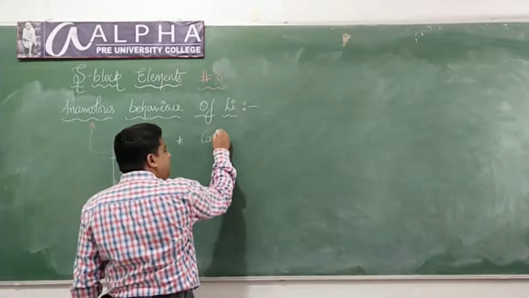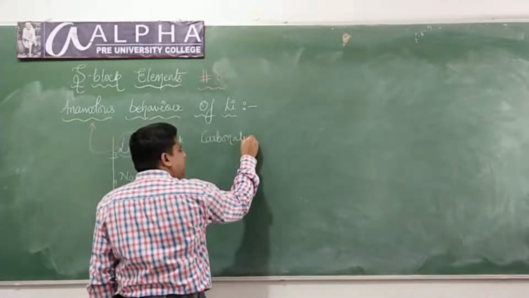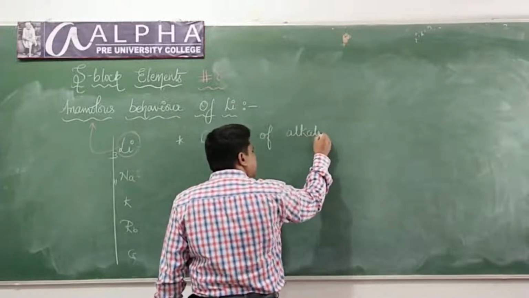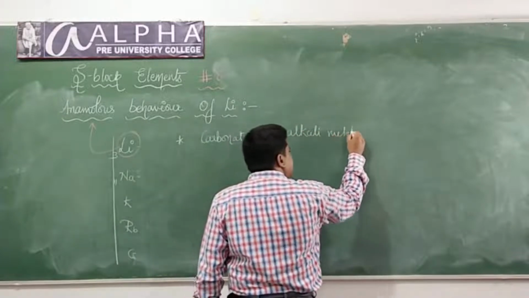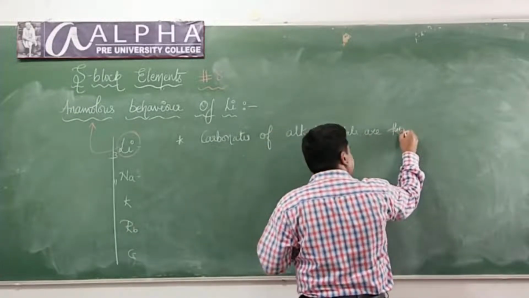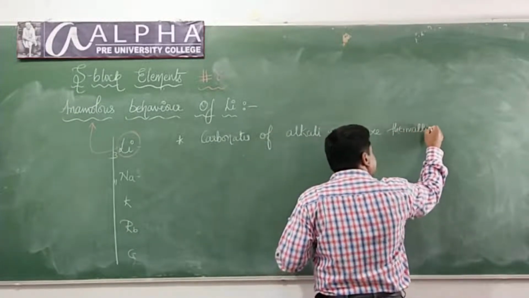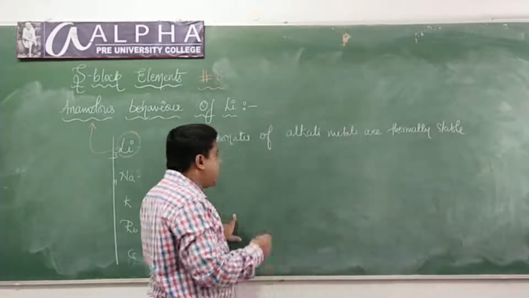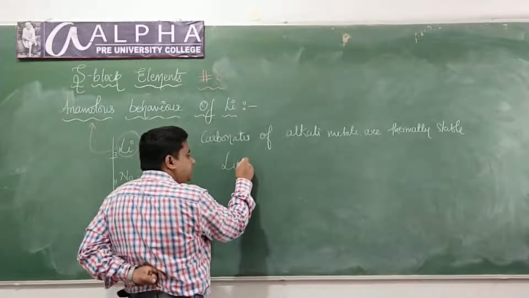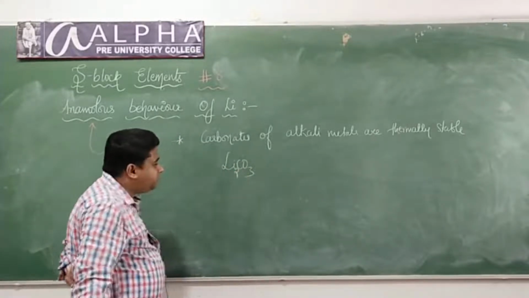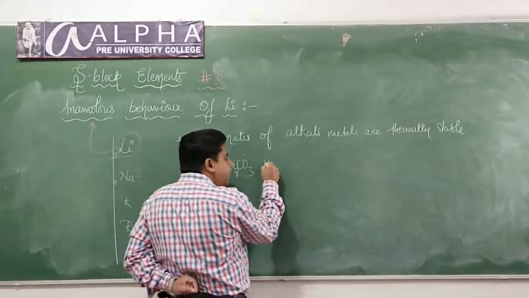The carbonates of alkali metals are thermally stable, whereas lithium carbonate, Li2CO3, is unstable.